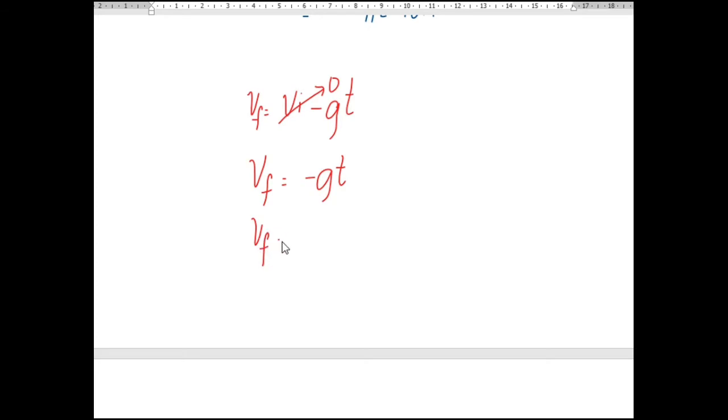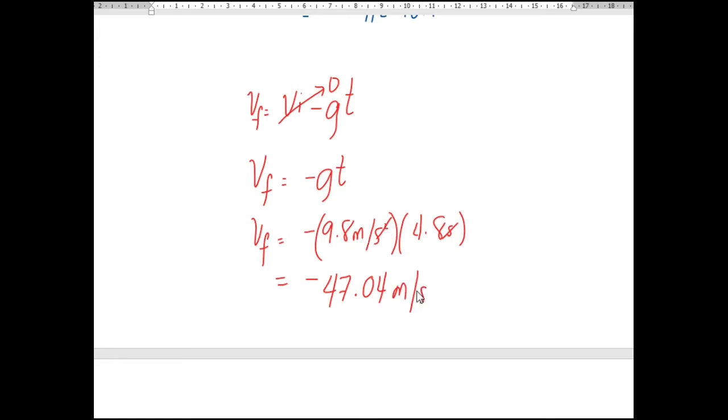So Vf equals negative 9.8 meter per second squared times the time, 4.8 seconds. Cancel ang second. So we now have the final velocity is negative 47.04. And our unit, since na-cancel yung isang second, we have meters per second.